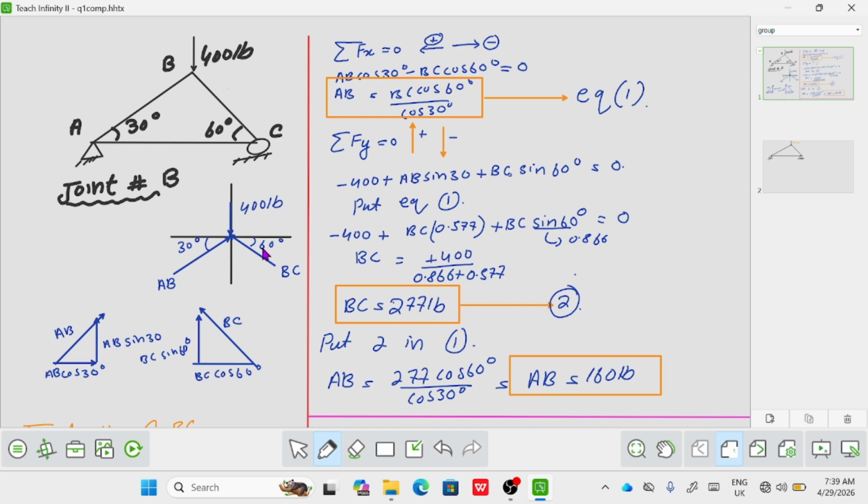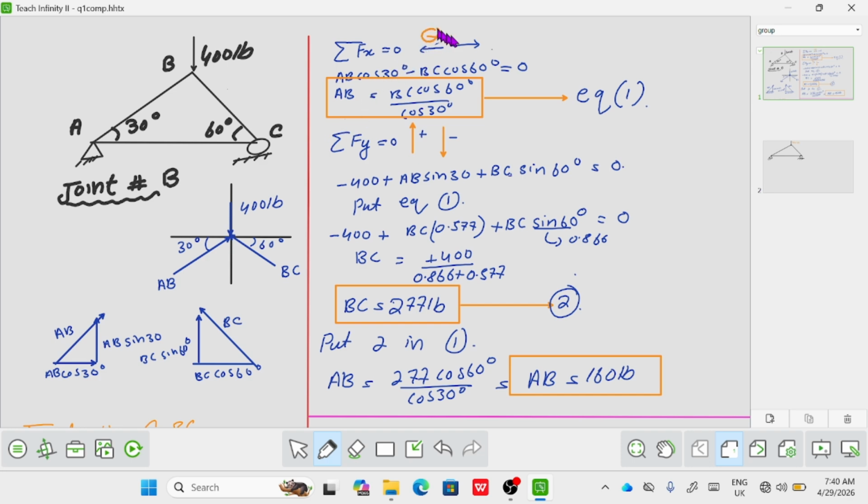It makes an angle with the horizontal axis, so the horizontal component will be BC cos of 60 degrees and the vertical component will be BC sin of 60 degrees. Now take the summation of all horizontal forces equal to 0.